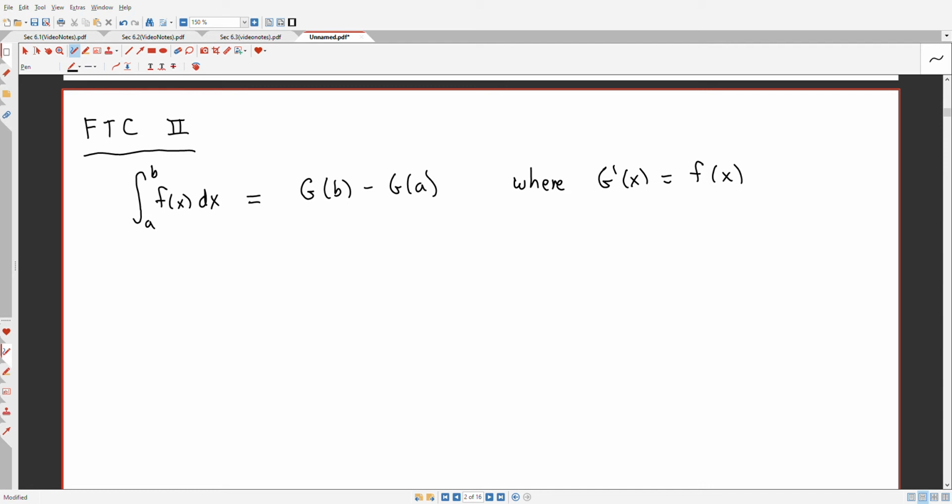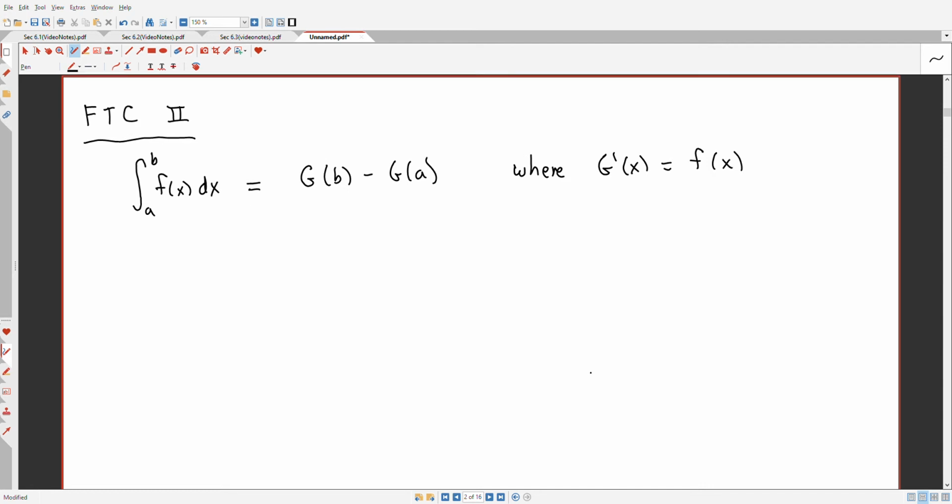In any event, here's where we're going to start. Let's start. So why is this true? Well, let's start with the fact that we have this function little f of x, and we have an antiderivative for it. That's what this is really saying.